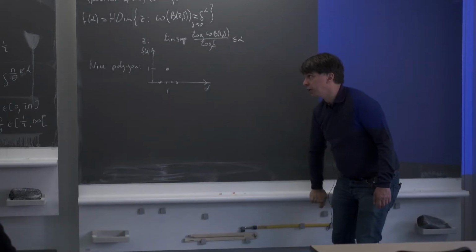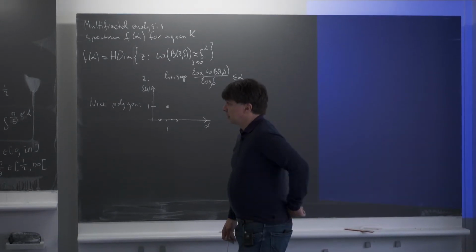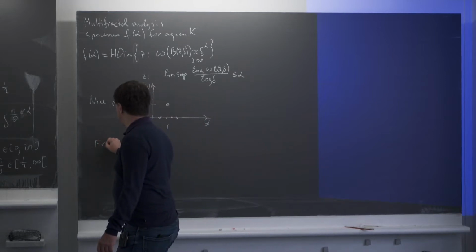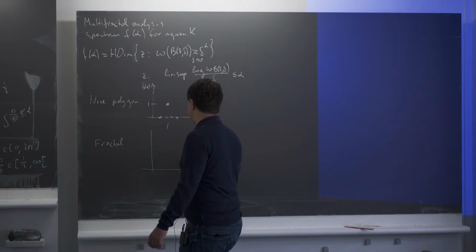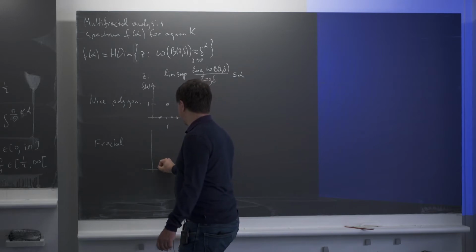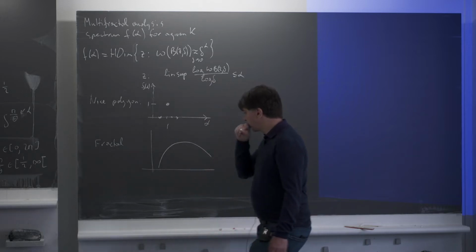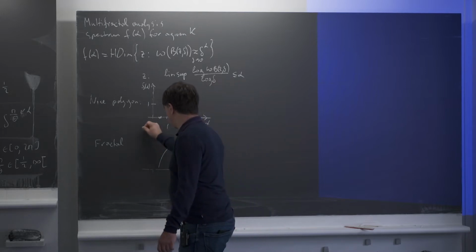But if you take some sort of fractal type structure, like a Julia set or the von Koch snowflake, the usual thing for a fractal will be some sort of a convex function. And what do we know about this convex function? There are several things which we know.